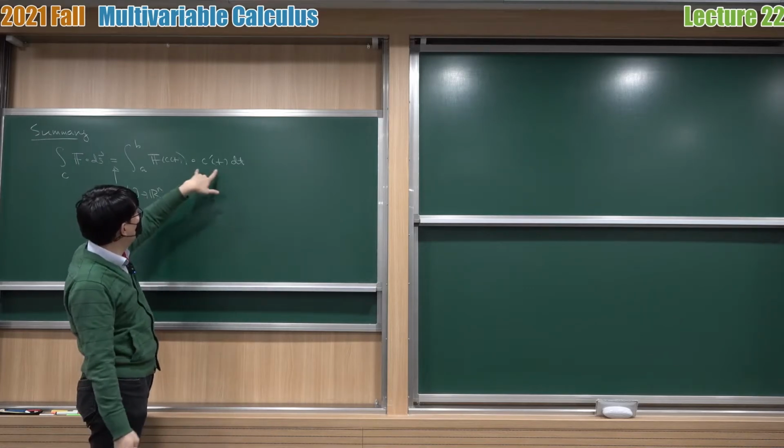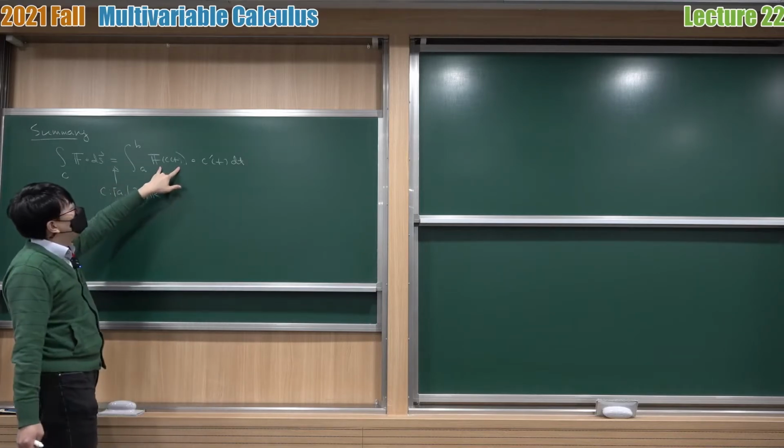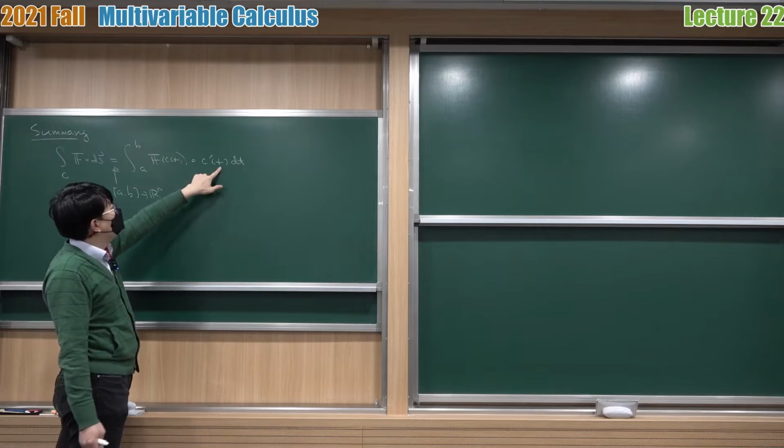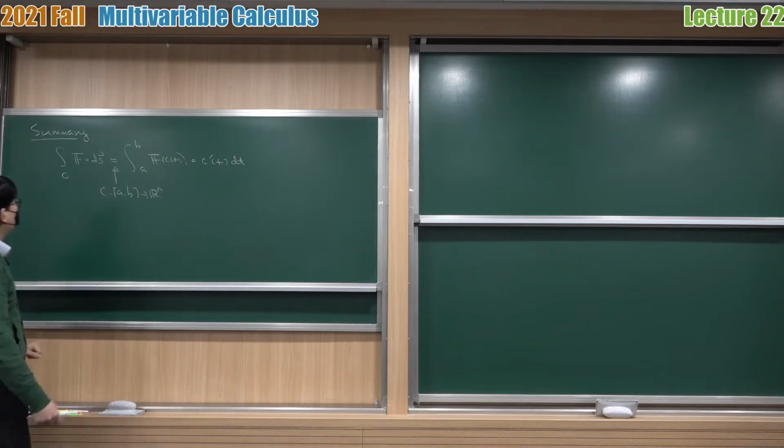So we're taking this inner product to get a scalar function in terms of one variable t. So basically, we are taking a single variable integration.